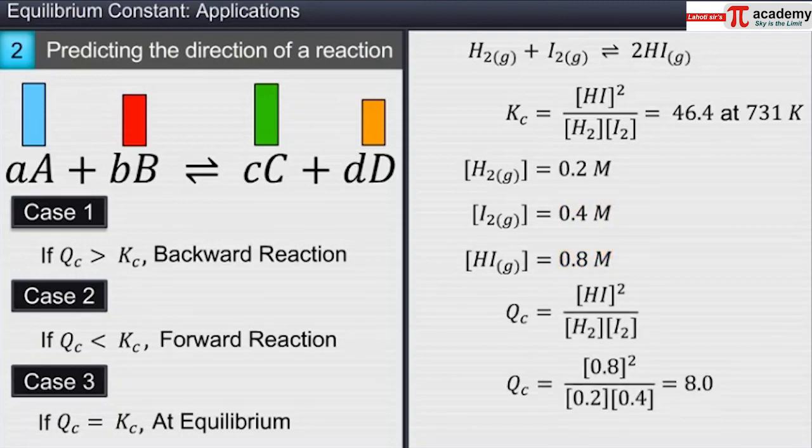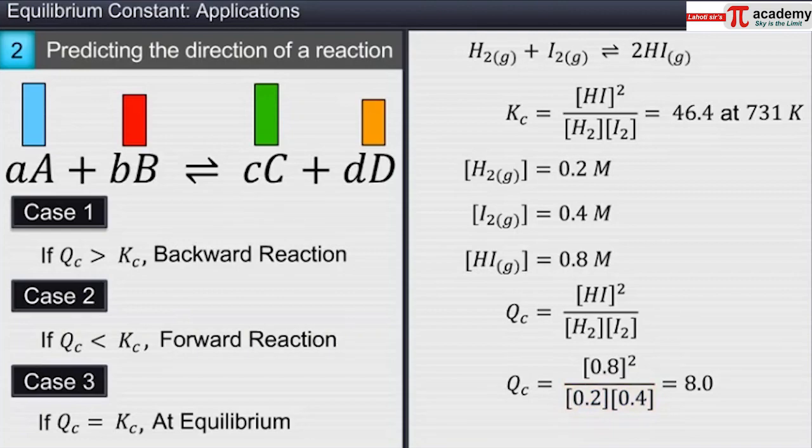The reaction quotient, Qc, at this stage of the reaction is equal to the concentration of hydrogen iodide raised to the power of 2 divided by the product of the concentrations of hydrogen and iodine. This is equal to 0.8 squared divided by 0.2 into 0.4.